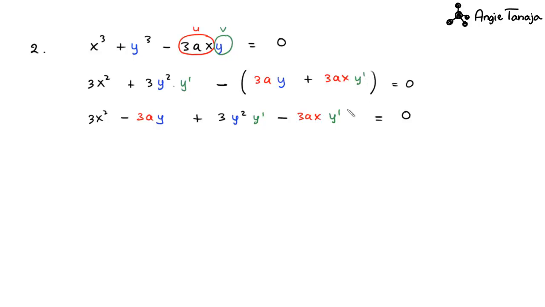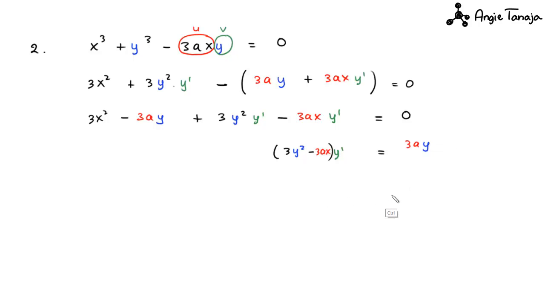Soalnya kan bukan u prime, itu perperan lah. And then try to factorize the y prime. So then this will be 3y squared minus 3ax equals, you move all of this, so like 3ay minus 3x squared, right?